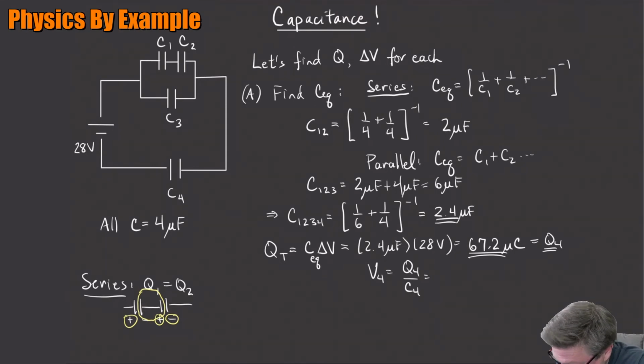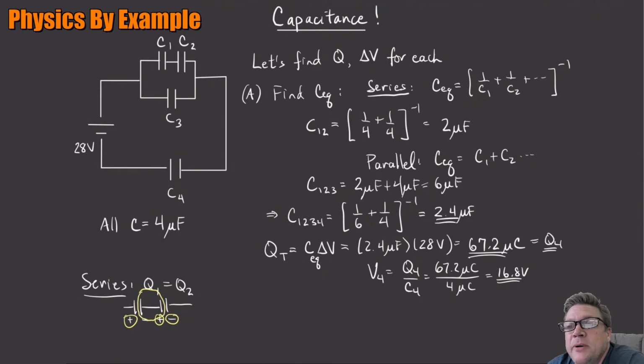So that's going to be 67.2 microcoulombs over, what was C4? C4 was just 4 microfarads. And when you put that in a calculator, you should get 16.8 volts.